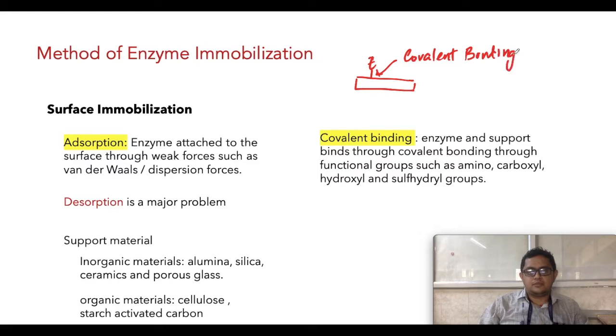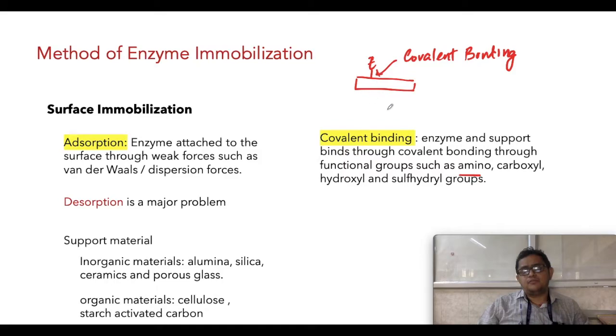So how does this covalent bonding happen? There are functional groups present in both the enzyme and the support material, like amino, hydroxyl, carboxyl, and sulfhydryl groups. These groups share a lone pair of electrons, and it forms a covalent bond.